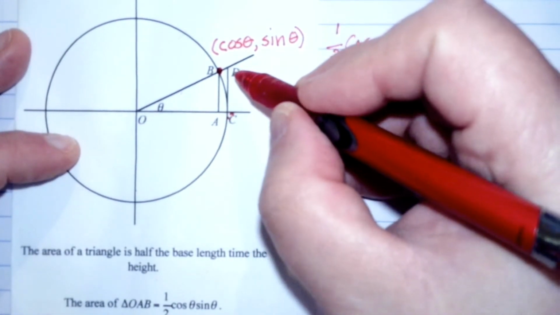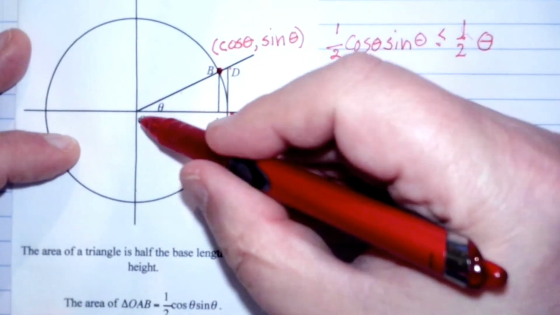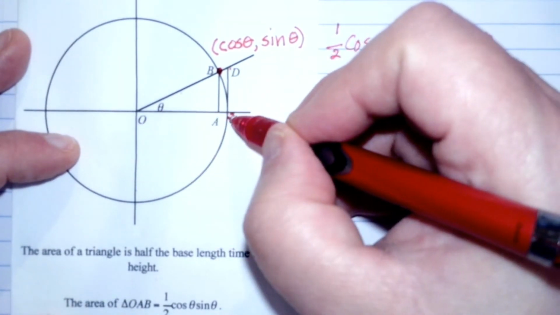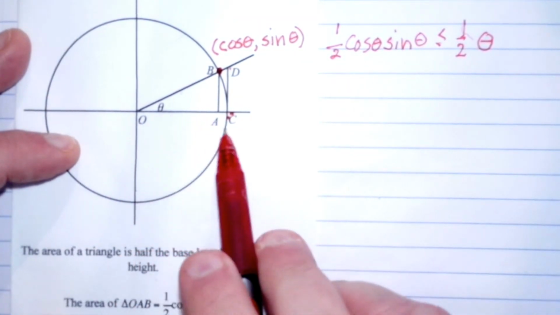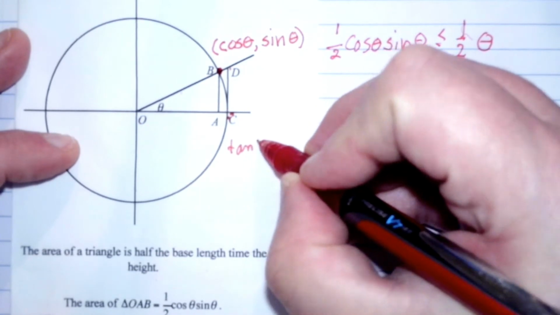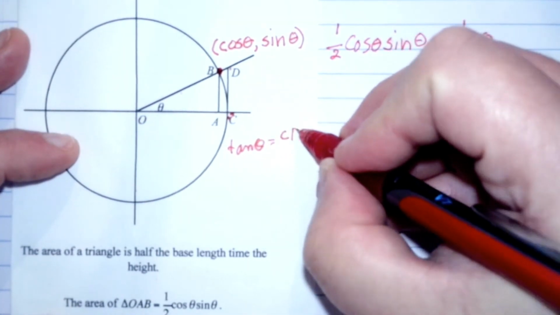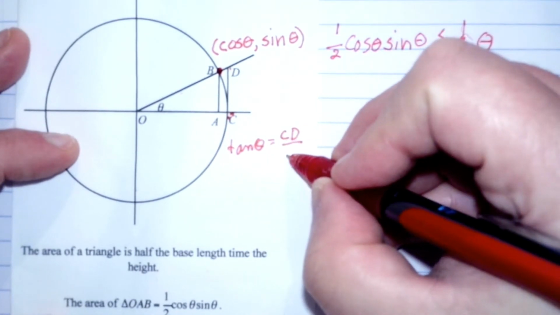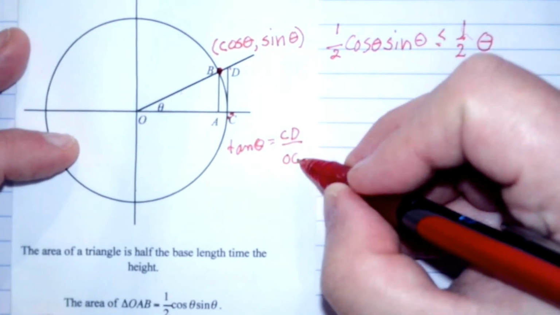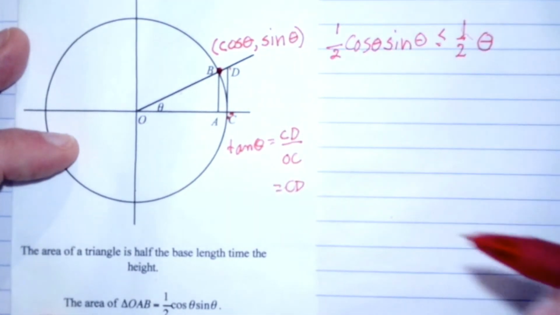So the tangent of theta is going to be the length of DC divided by the length of OC. However, the length of OC is 1. So the tangent of theta is the length of CD over the length of OC. This is 1, and so it's just the length CD.